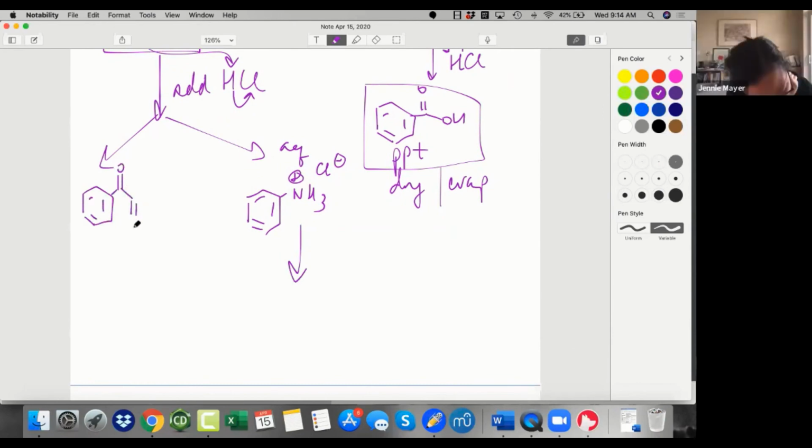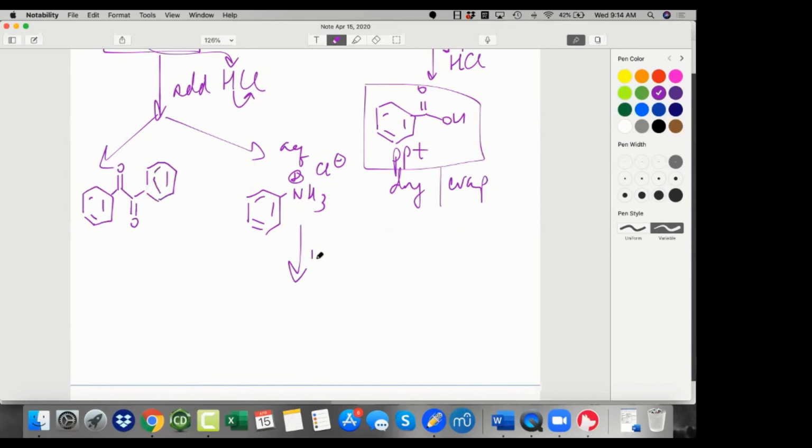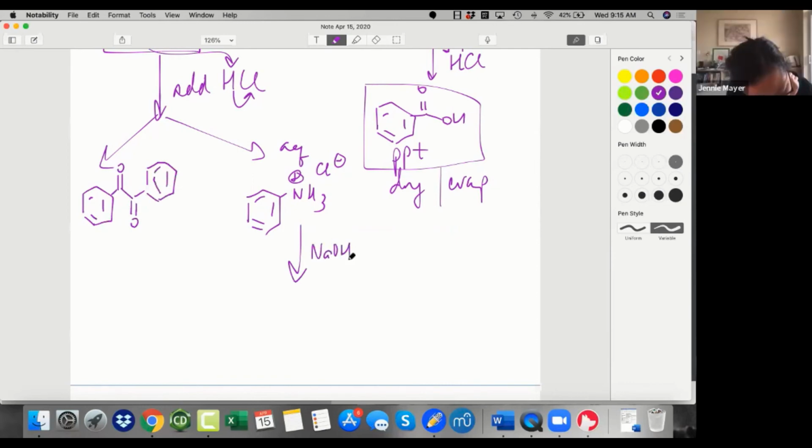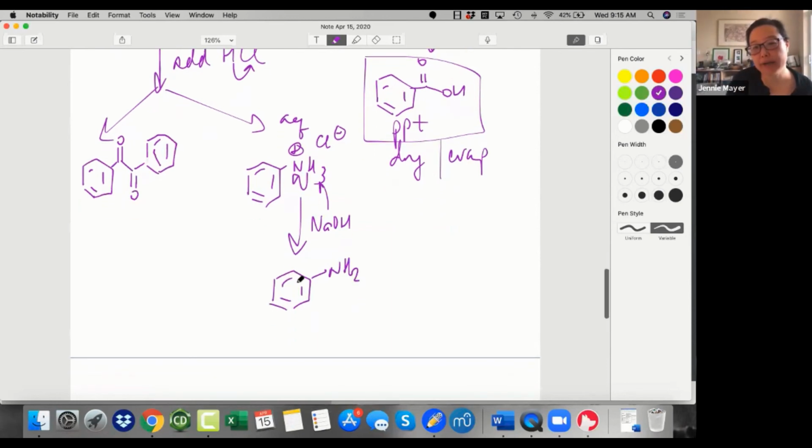What kind of base would you add? NaOH. Very good. So I would add NaOH and I would take that H off. It sounds like a lot of back and forth, but now it would be in water. This is not as soluble. So it would precipitate and then you would evaporate it.